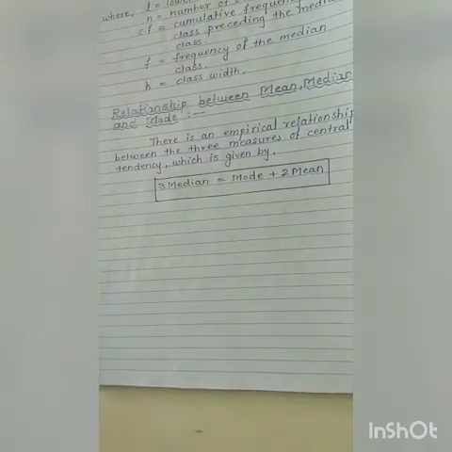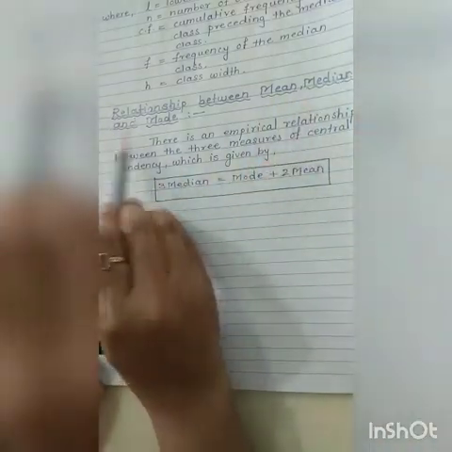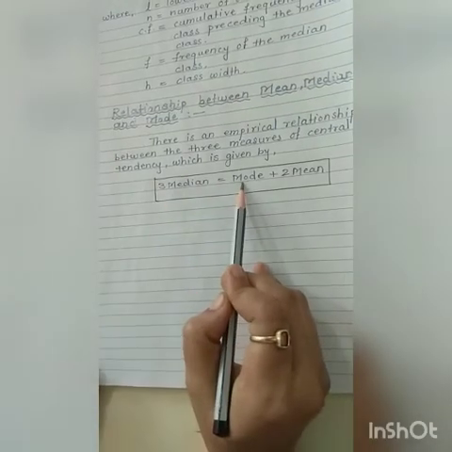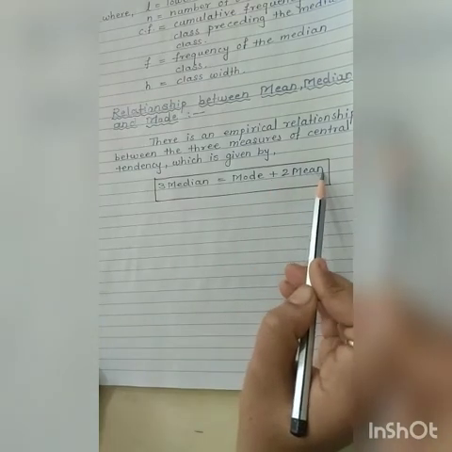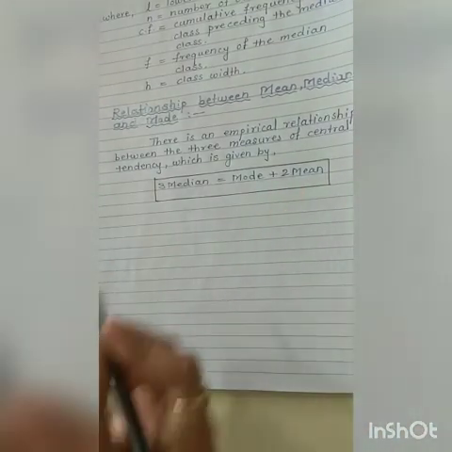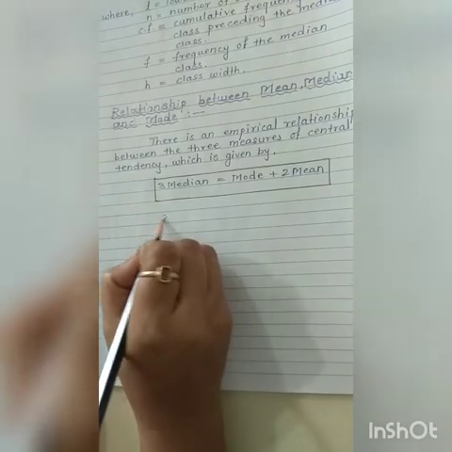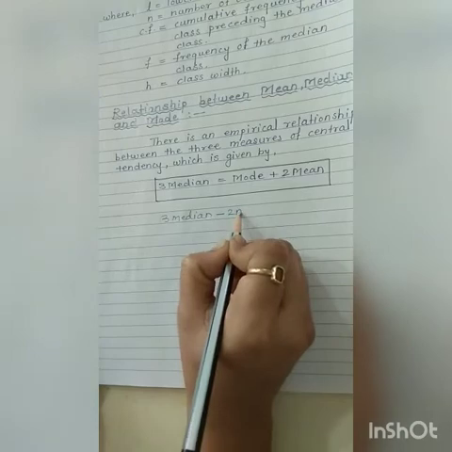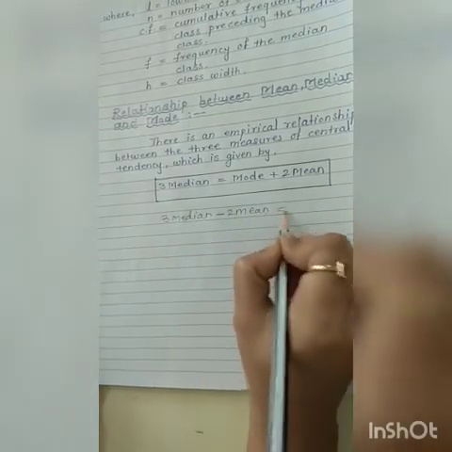Now next important point of this chapter is the relationship between mean, median and mode. There is an empirical relationship between the three measures of central tendency, that means the mean, median and mode, which is given by 3 median is equal to mode plus 2 mean. Now this we can write as 3 median minus 2 mean is equal to mode.